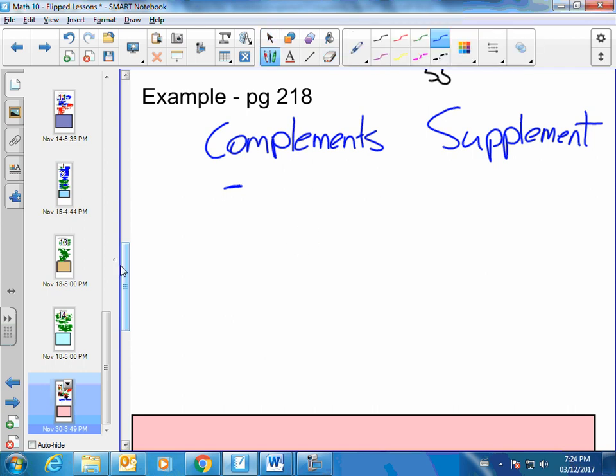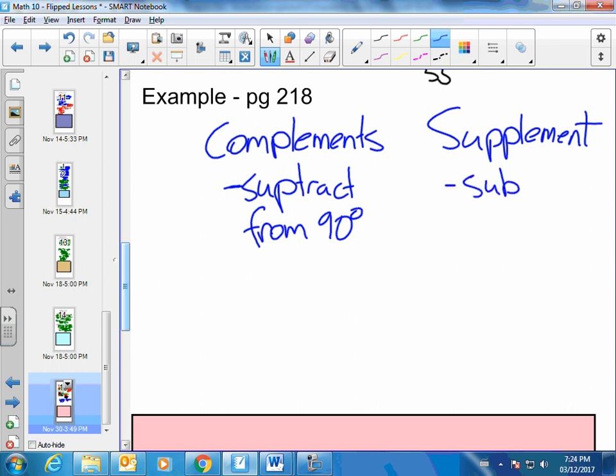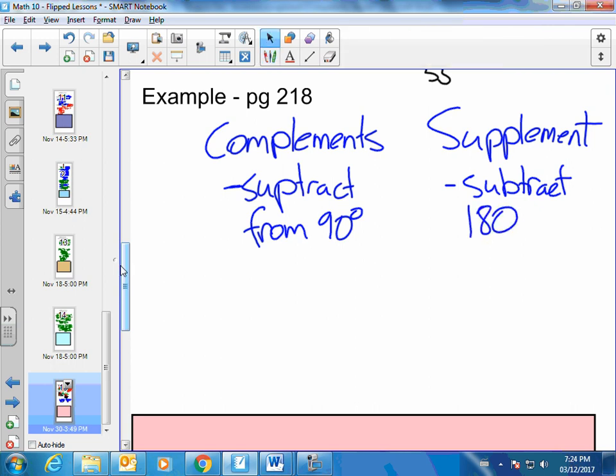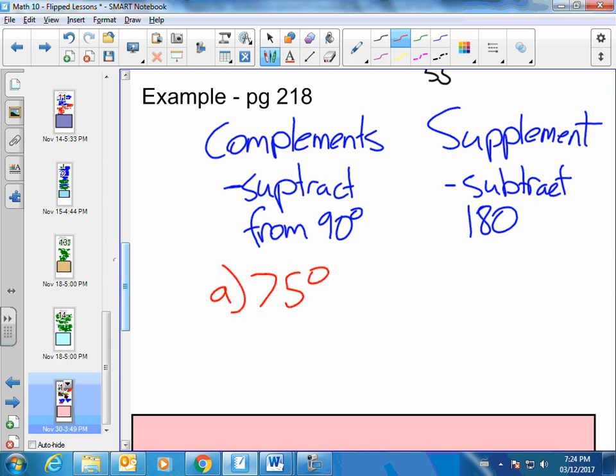Which is I need to subtract from 90 degrees, and supplements are to subtract from 180 degrees. So if I have an angle, they give you some examples on the page there. The first one they give us is 75 degrees.